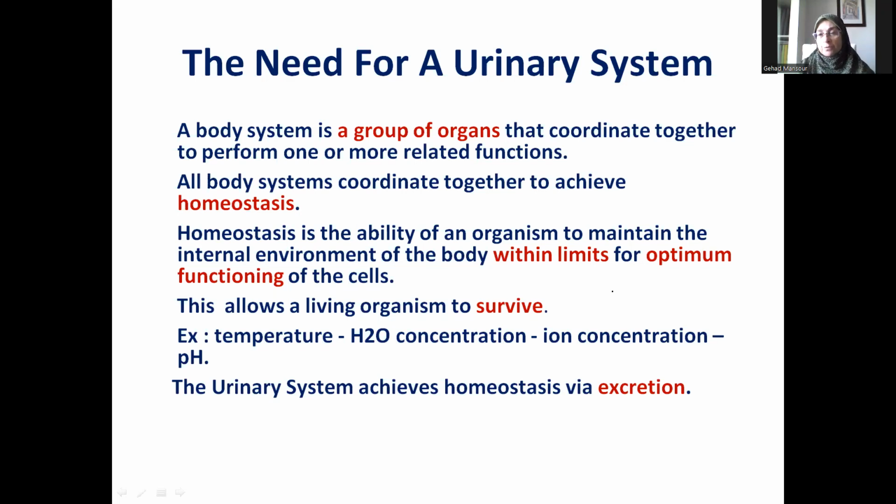Why do we want homeostasis? Why is homeostasis important? First of all, let's define homeostasis. Homeostasis is to keep the internal environment of the cell constant. And why do we need to keep the internal environment of the cell constant? For optimum functioning of the cell.